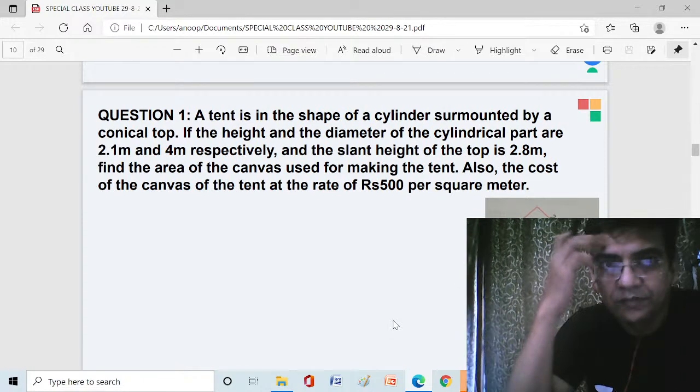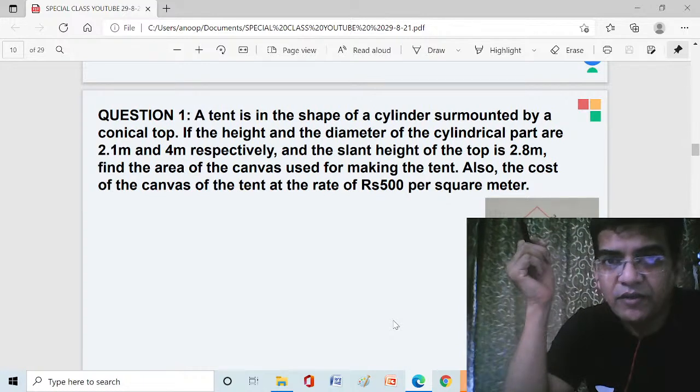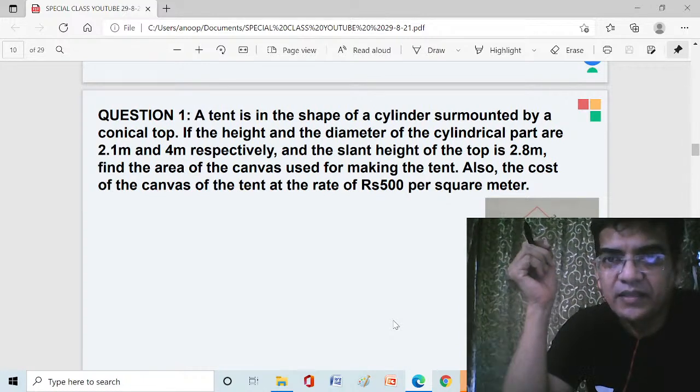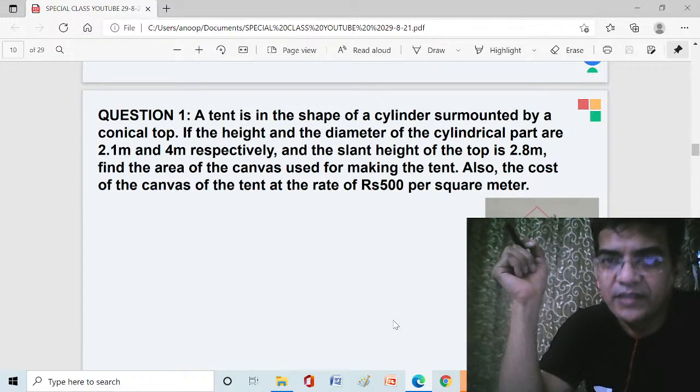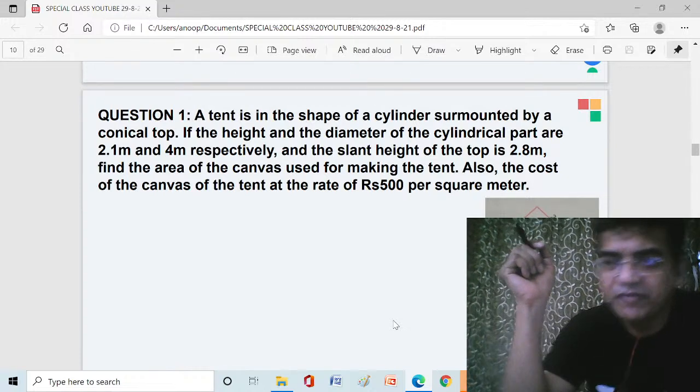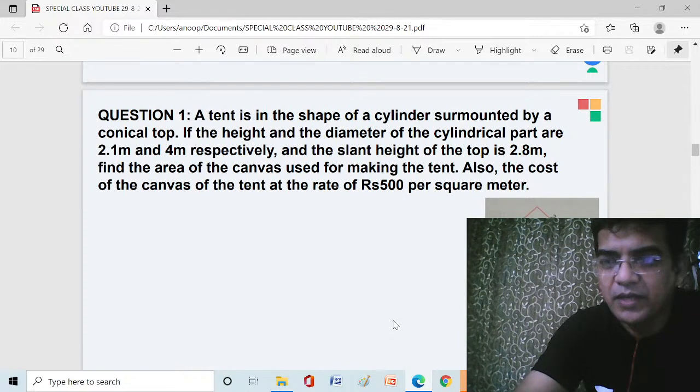Find the area of the canvas used for making the tent. Also, find the cost of the canvas of the tent at the rate of rupees 500 per square meter.